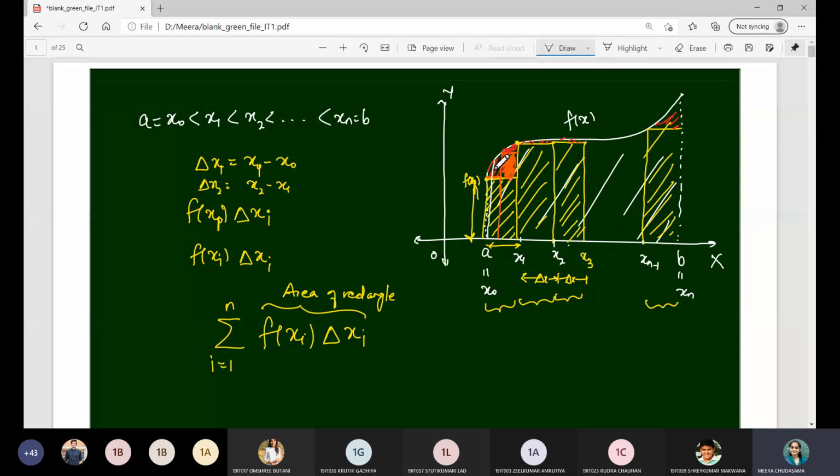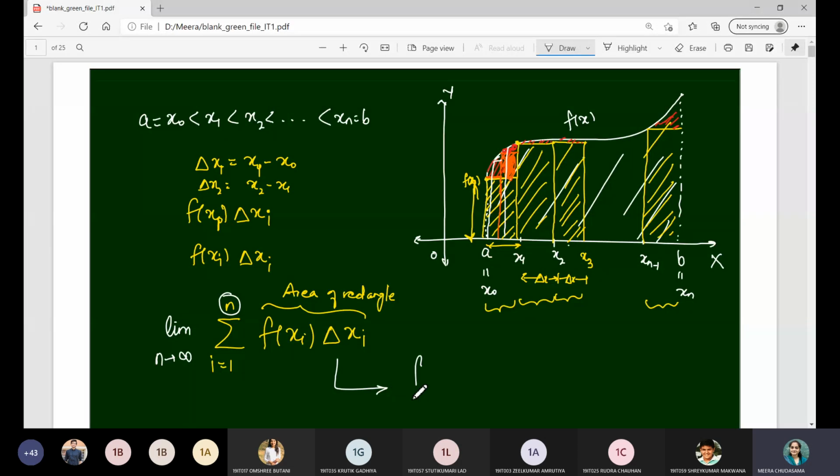So as we increase the number of partitions, we will get a better and better approximation for the area under the curve. Increasing the number of partitions means I can take the limit as n tends to infinity, where n is the number of partitions, and at that time it will be exactly the same as the integration of f of x over the interval a to b.